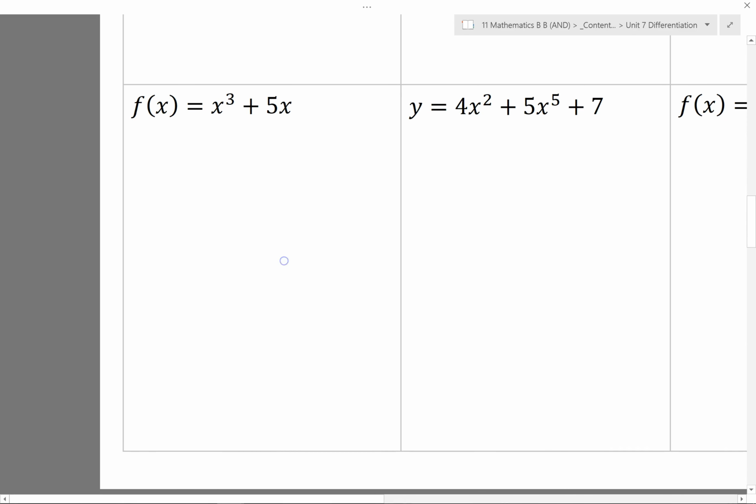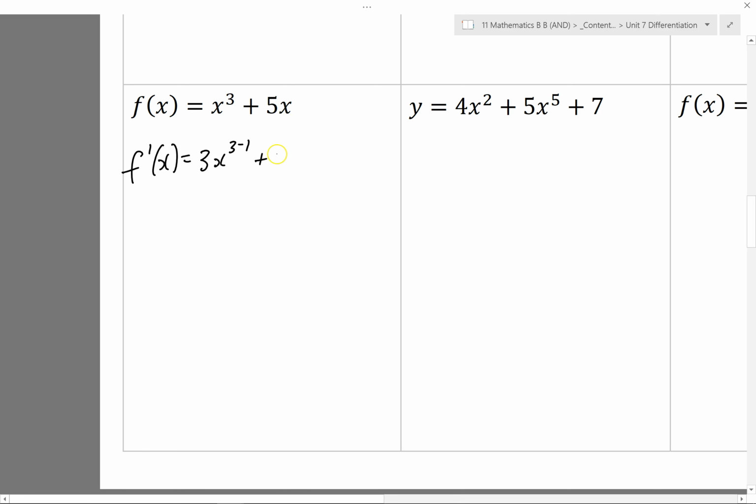Now we have some addition differentiation rules. Now that we've practiced a few of these, we should be pretty good at it. So if I'm trying to find the derivative, I'm going to find the derivative of both of these and add them together. So 3x cubed will differentiate to 3 times, or 1 times 3, x to the power 3 minus 1.